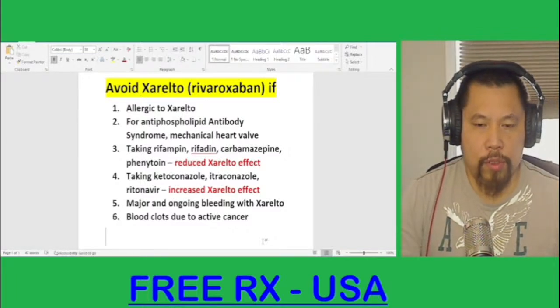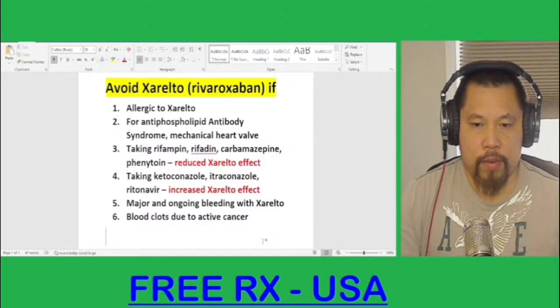You should avoid Xarelto if you are taking ketoconazole, ibuprofen, or ritonavir, because these medications may increase it. You should check with your doctor for any other medication.